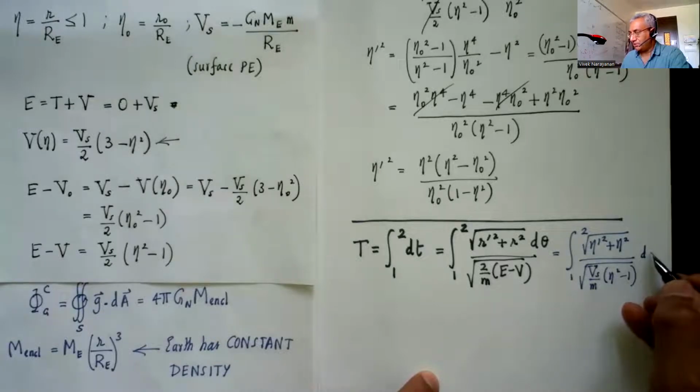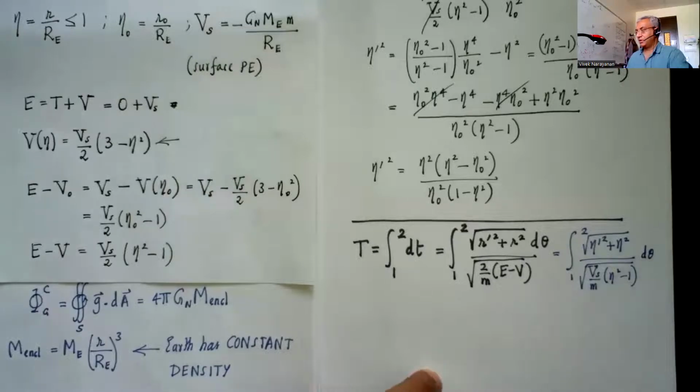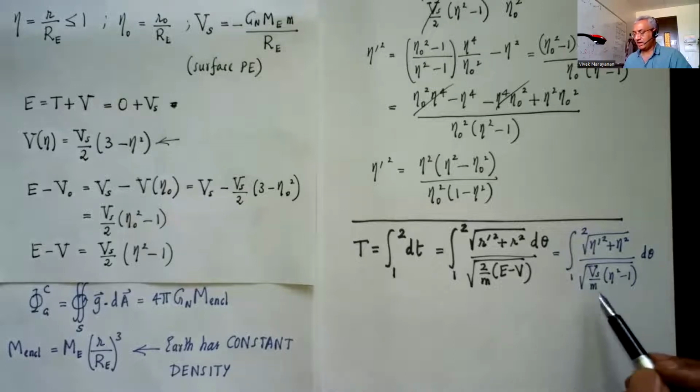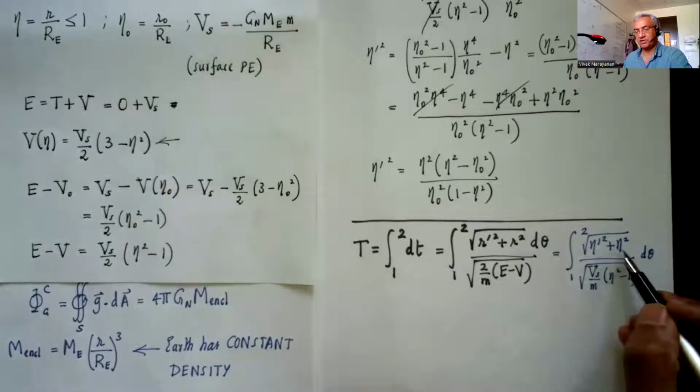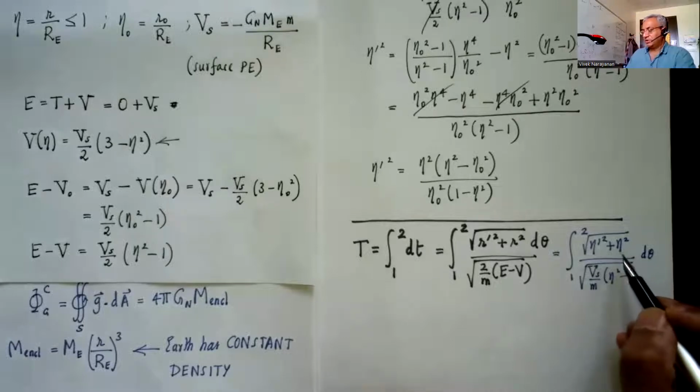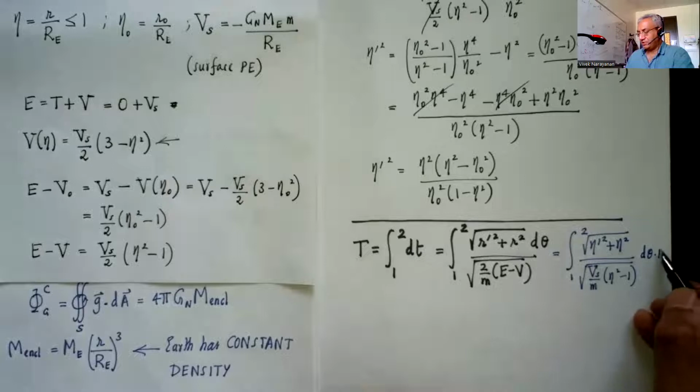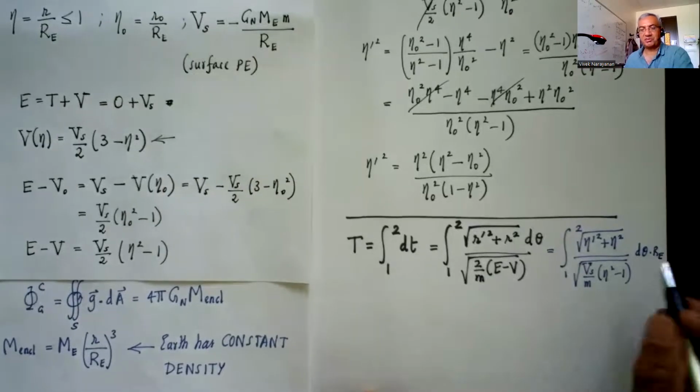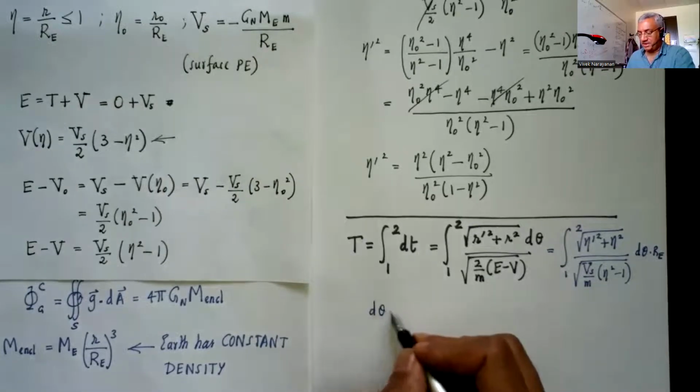Now, what I'll do here is the following. I've divided by the radius of the Earth to get that. So I have an additional radius of the Earth in the numerator. So I'll just keep that there. Now I'm going to write d theta in a peculiar way.